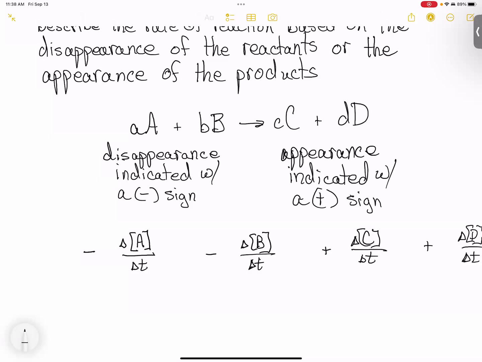Now, to make these changes in concentration versus time, to make A equal to B, we have to take into account their coefficients.